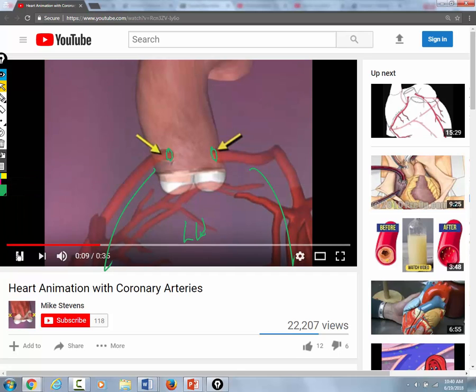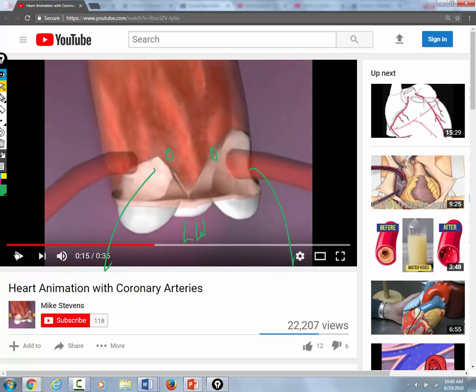Watch. The left ventricle is going to contract. It's going to force open what appears to be a 1950s brassiere. And the leaflets are going to block the openings to the coronary arteries.